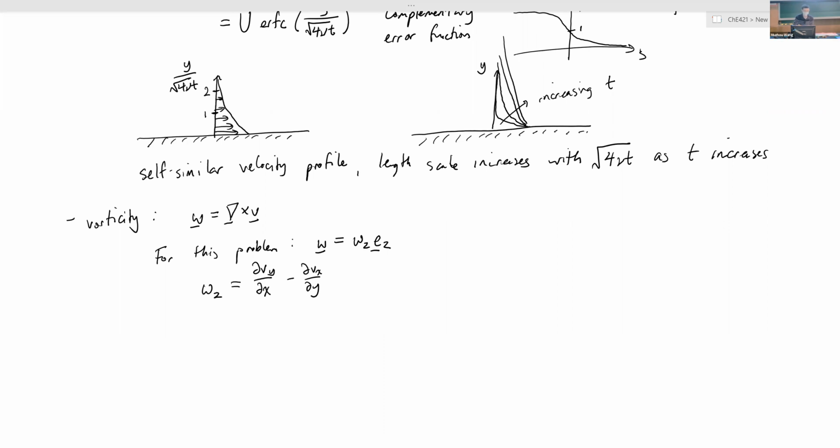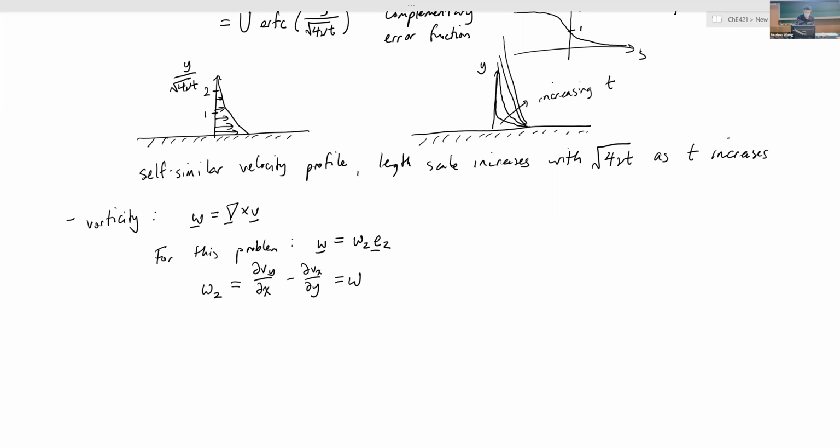If I were to write the other components of vorticity, Wx and Wy, you'll see immediately that those are all equal to 0, because they either have vz or they have a derivative of something with respect to z, and both of those things are always going to be 0. Just for simplicity, I'm not going to write the Wz, because we only have vorticity in the z direction, so I'm just going to call it w.